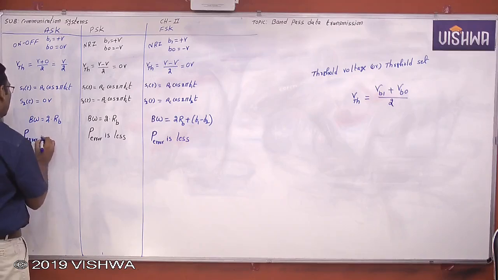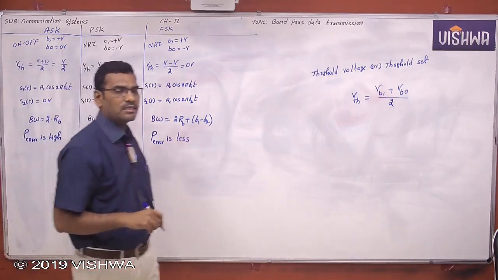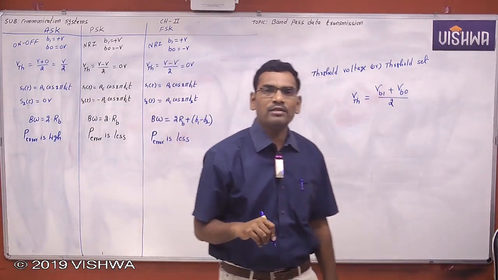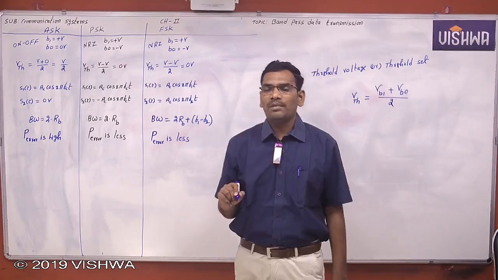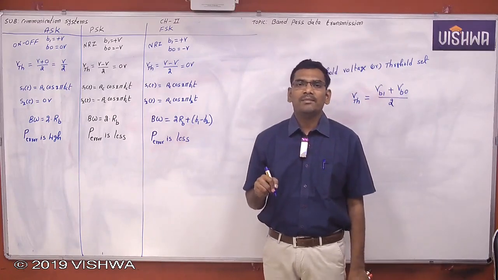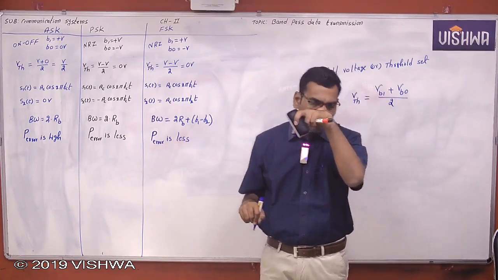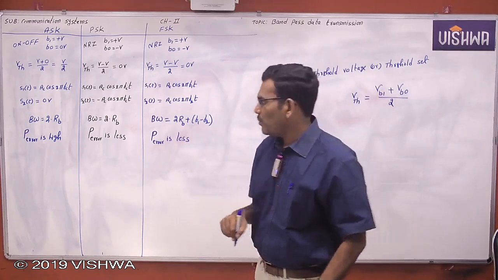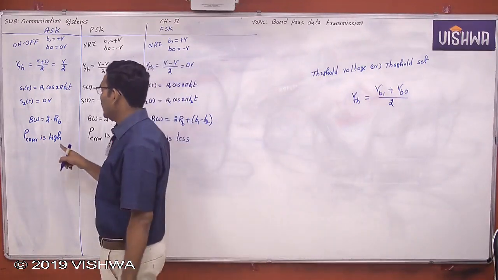For the best digital communication system, an error probability of 0 is good. If not possible, the probability of error should be as minimum as possible, but here the error probability is high.